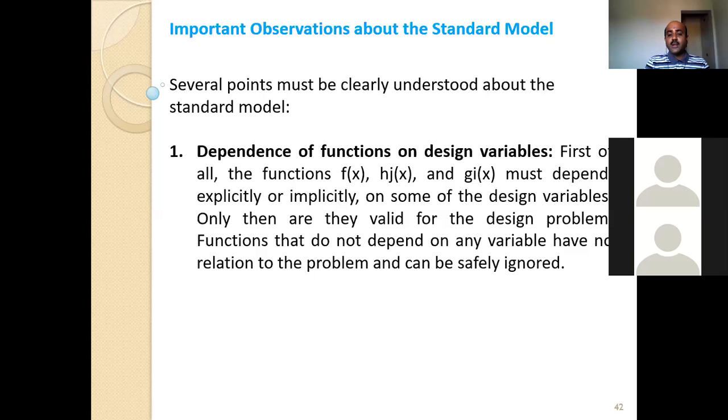Functions that do not depend on any design variable have no relation to the problem and can be safely ignored. This is a very important observation from the standard. So that is dependence of functions on design variables.